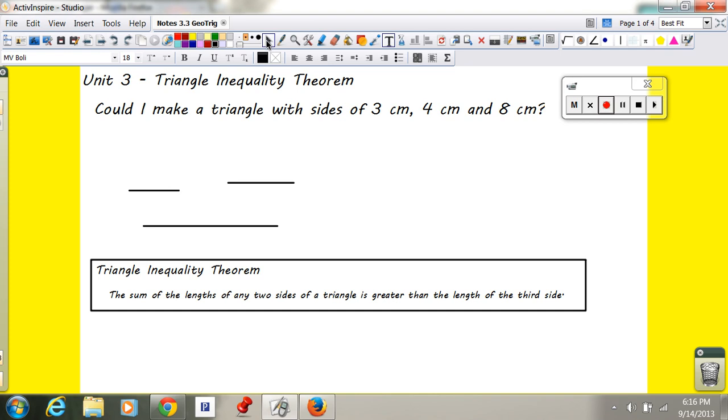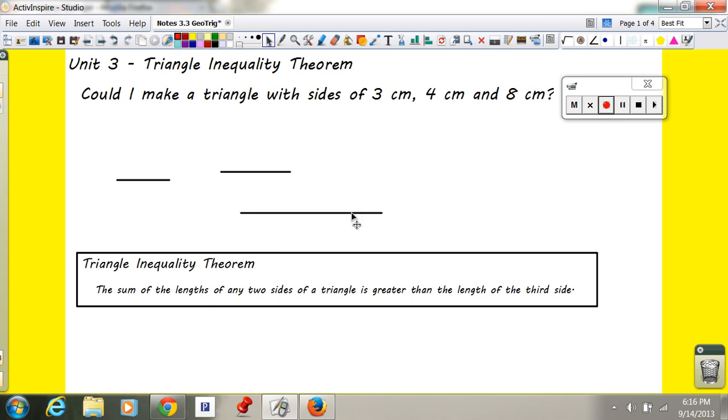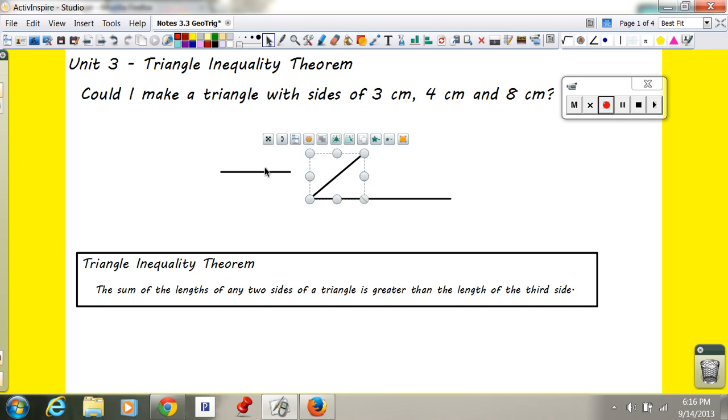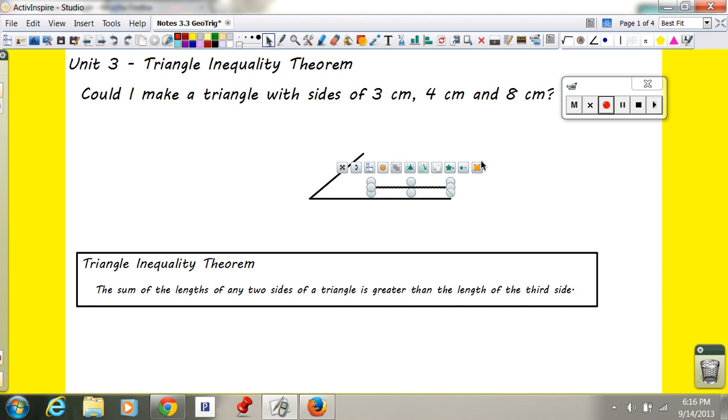That's the challenge. So let's say I take my 8 centimeter one, let's take my 3 centimeter one and move it a little here and there. Put it on here. Let's take my 4 centimeter piece. Put this on here.